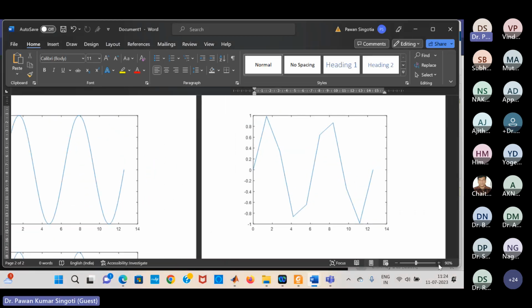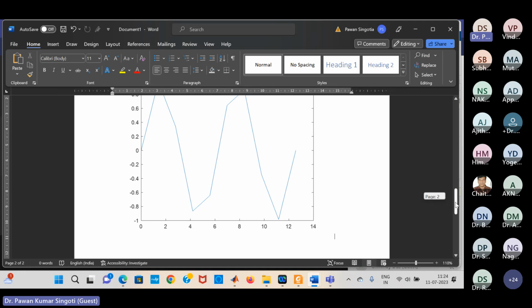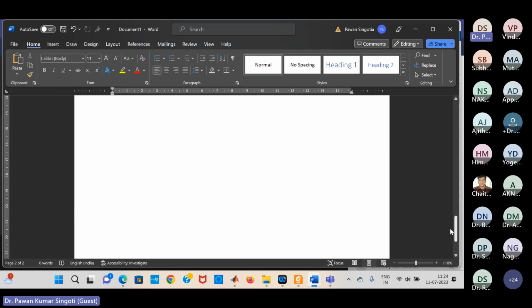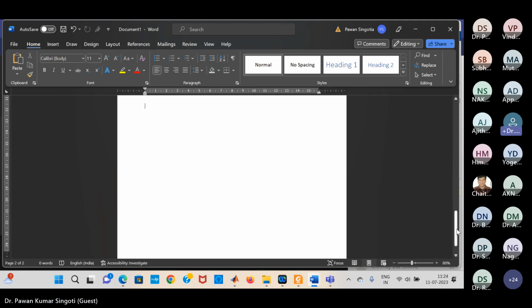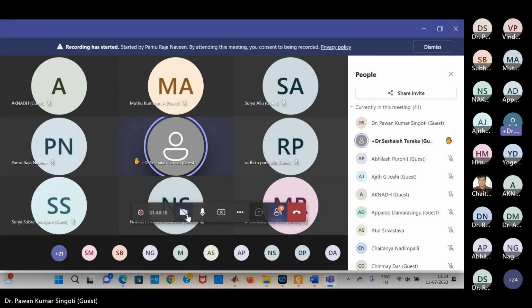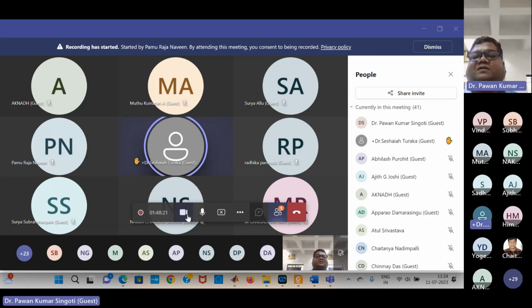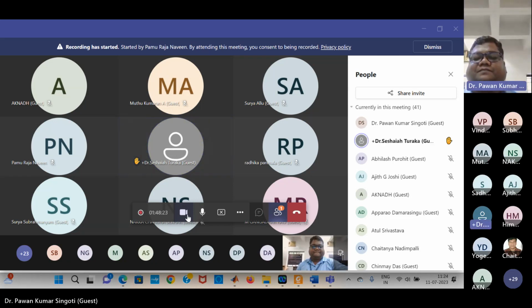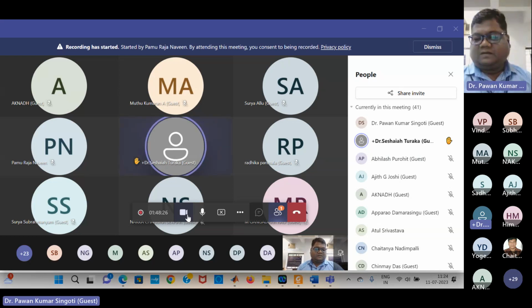As you can see, I drew simple plots. Sir, these are all possible in Excel and Origin. Suppose I conducted a tensile test and generated a lot of data, x and y axis like stress and strain.